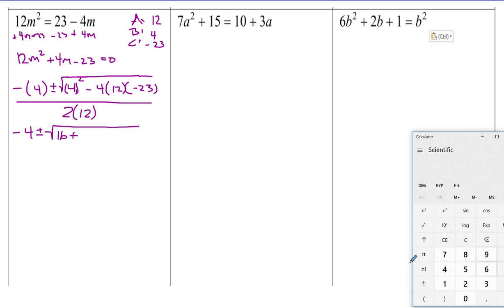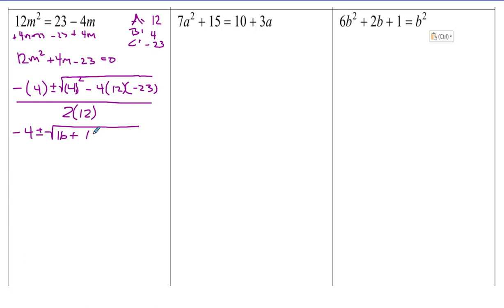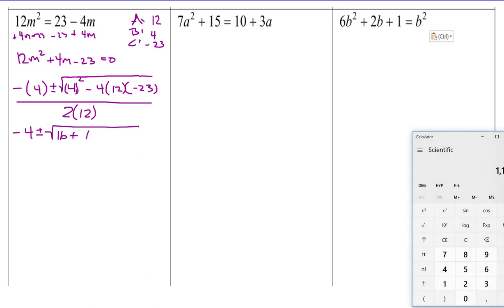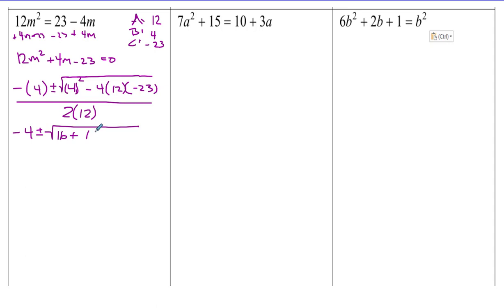So we got 4 times 12 times 23 equals 1,104, all over 2 times 12, which is 24. If I can even write 4s, I apologize, guys. This is very frustrating.